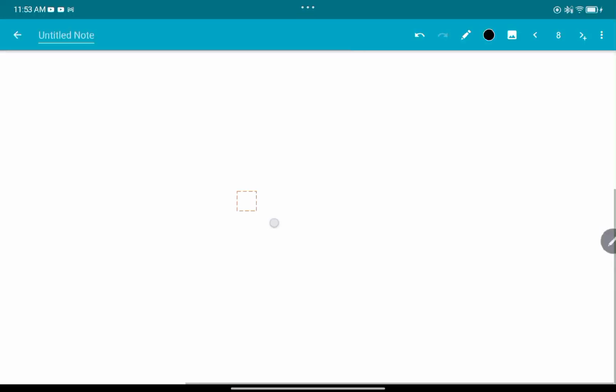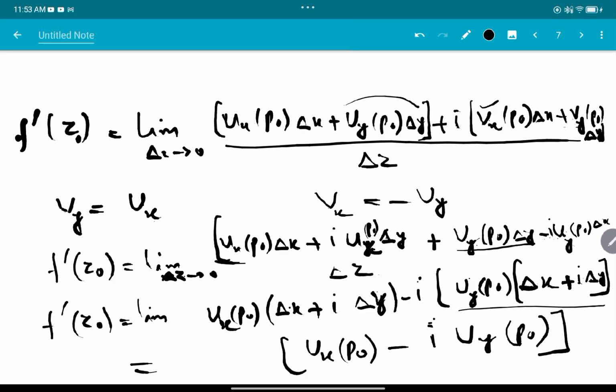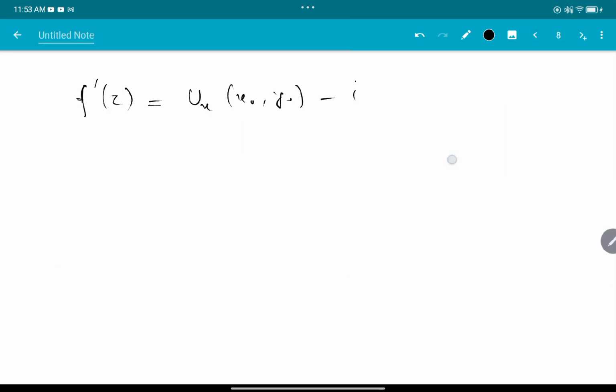When we substitute it there, we have f dash z. First result was ux at x0, y0 minus i uy at x0, y0. And by using the CR equations, we can have another expression for this.